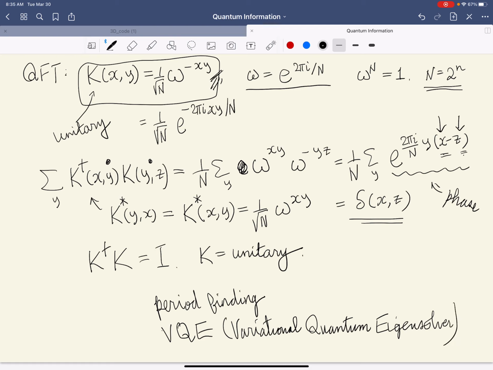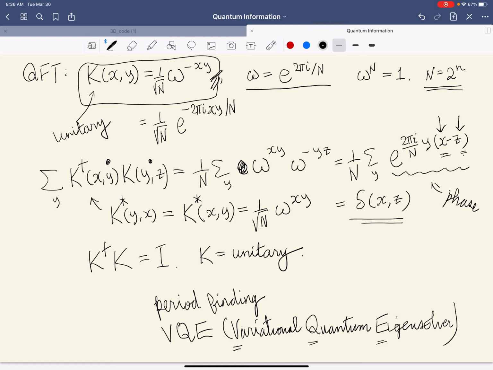So what happens is that people, we are all scientists, are also humans, so they tend to want to elevate the novelty or the importance of what they do. So one of the ways in which they accomplish that is by giving fancy names to what they do. Okay, and VQE is just a fancy vocabulary that people cooked up for this algorithm to find the eigenstate of the Hamiltonian.